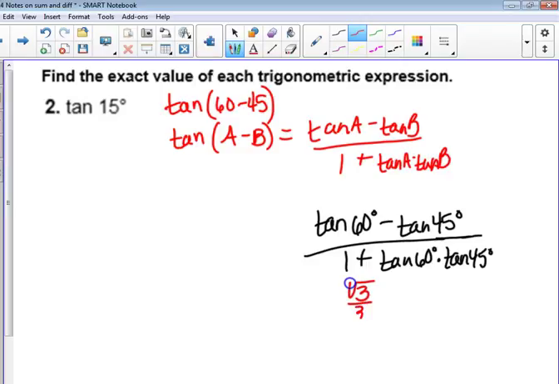Is everybody okay? I'm at 60. Everybody else did like 45 minus 30 today, and I think yours might turn out better. We'll see. This is square root of 3 minus the tangent of 45, which is what?